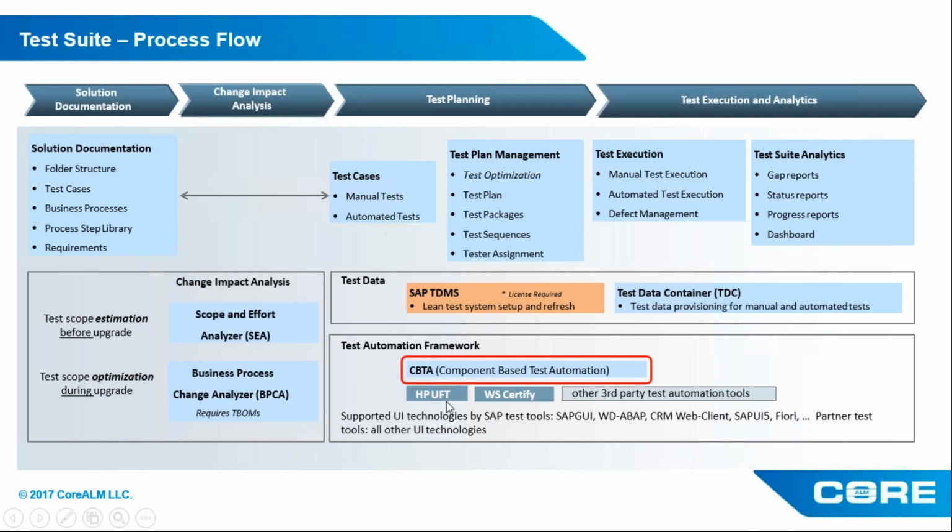So the test automation framework, CBTA, is component-based test automation. You'll see a little bit more about this in the demo of how that's organized. And then CBTA supports all the different UIs of SAP: SAP GUI, Web Dynpro ABAP, CRM Web UI, UI5 now, Fiori.